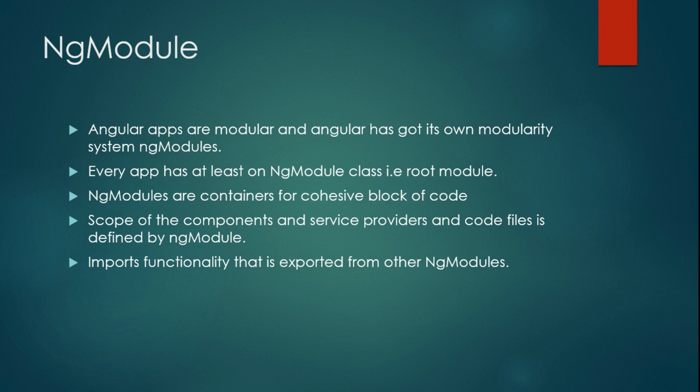That is the import functionality: importing what is exported from another NgModule. The NgModule imports the Angular framework library modules required by the components, and we provide those imported modules in the imports property of the metadata, so that the components in the scope of the NgModule can use those library modules.